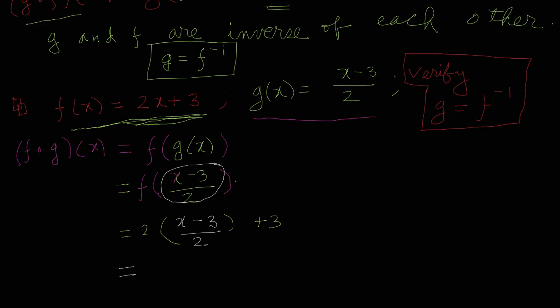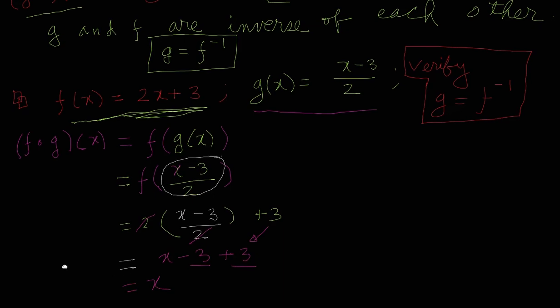Obviously we can see that these two and these two cancel out. So what am I left with? x minus 3, and then of course I have this plus 3 here, and this negative 3 and this positive 3 cancel out. So I am basically left with only x.